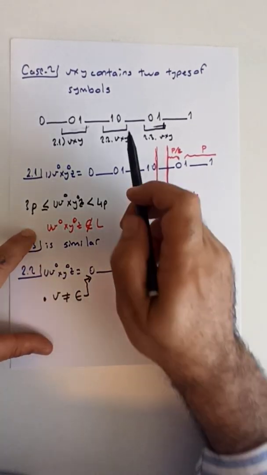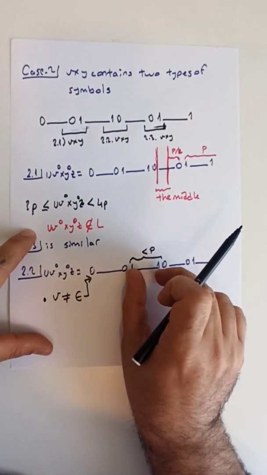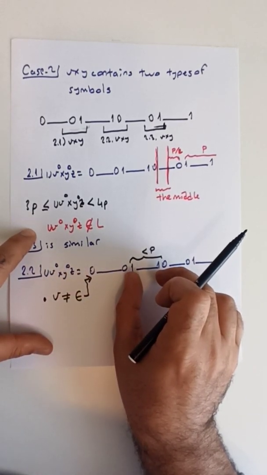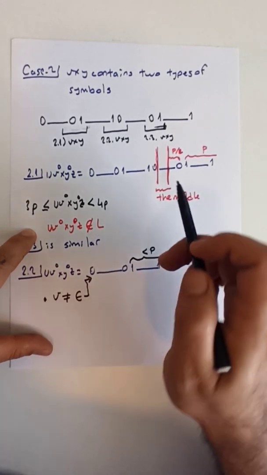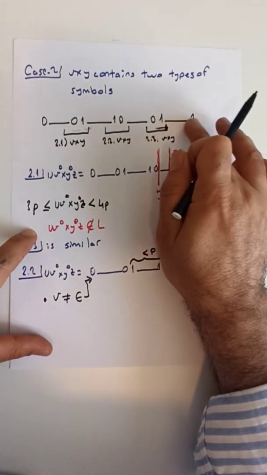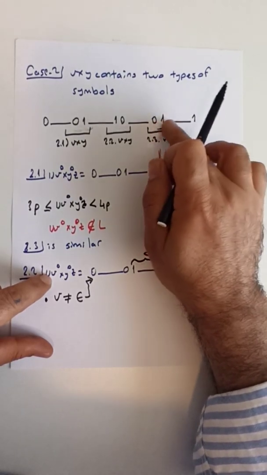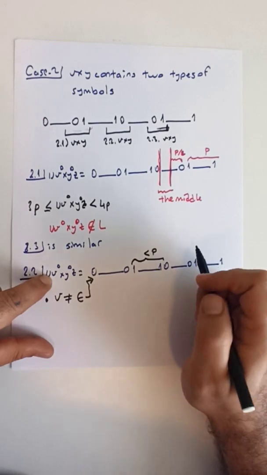v is not epsilon. This means that v must contain some number of ones, and in the new string uv^0xy^0z, since we are removing v, the number of ones will be less than p. And since vxy belongs to this range, we are not making any modification on the number of ones at the end of the string.